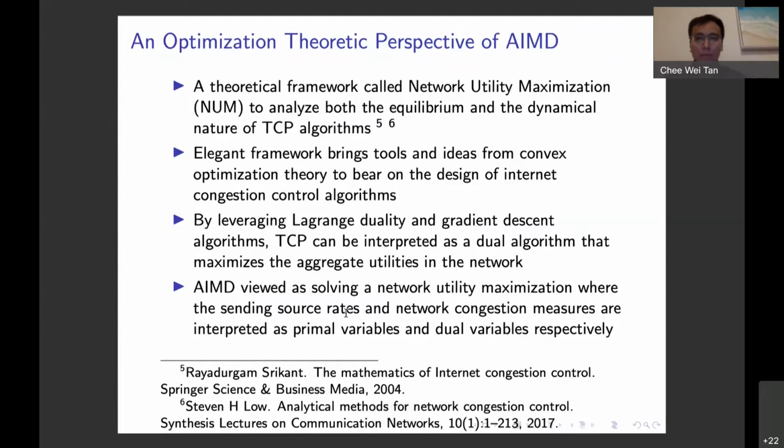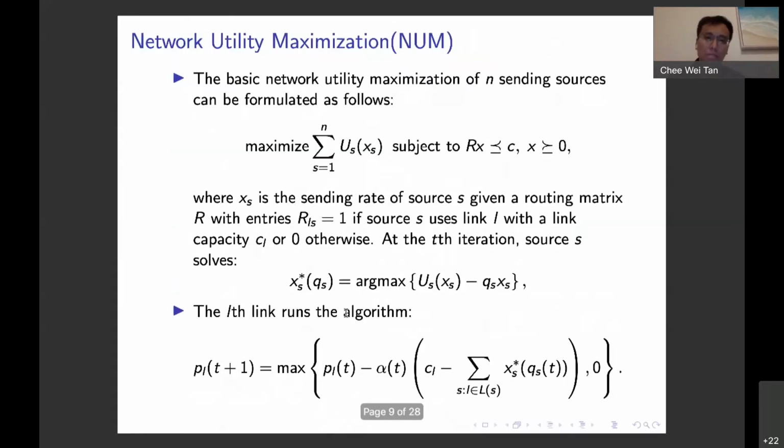And so therefore, those feedback that the sending sources get are really so-called Lagrange dual variables and so on. So I think it provides a very elegant framework to see these very complex internet congestion control problems through the lens of convex optimization. So here's the formulation. For example, maximize a sum of utility functions subject to linear constraints and so on.